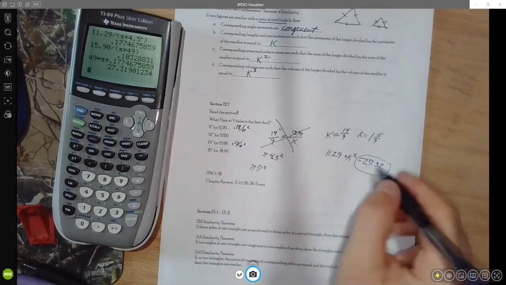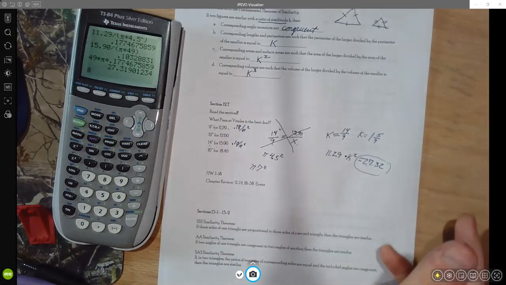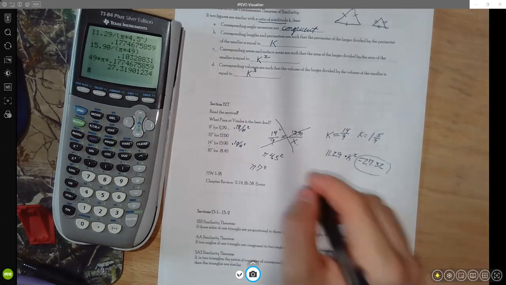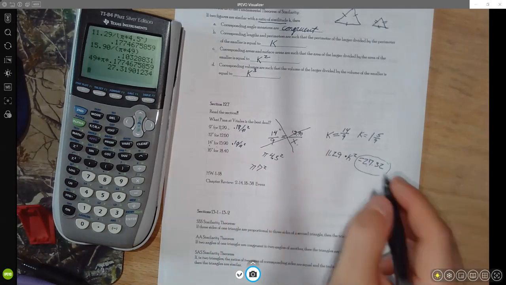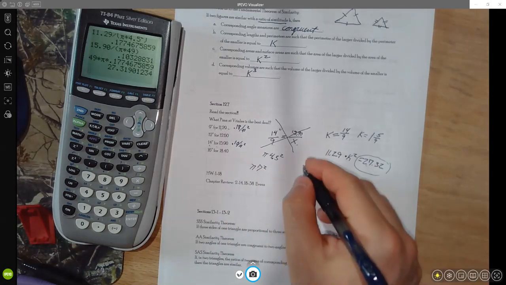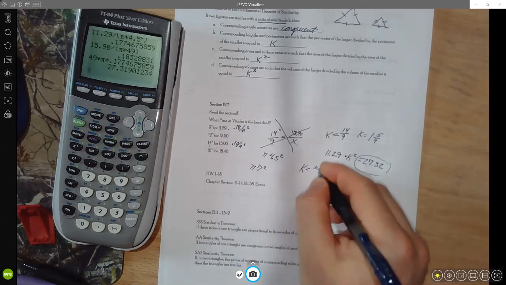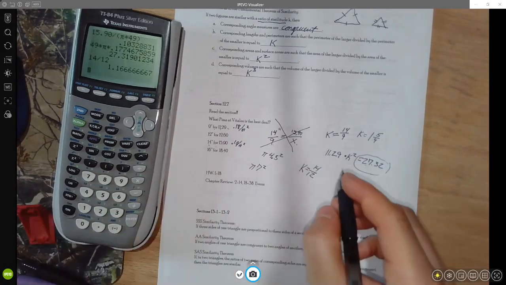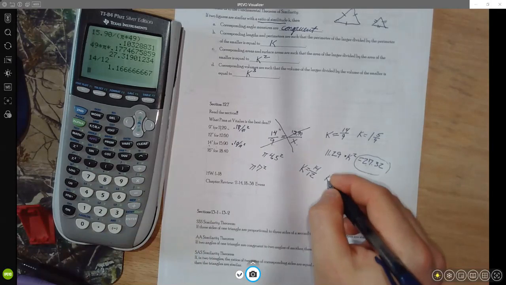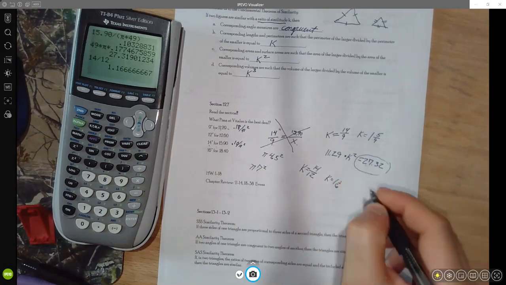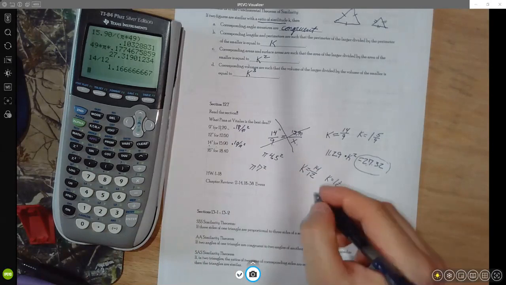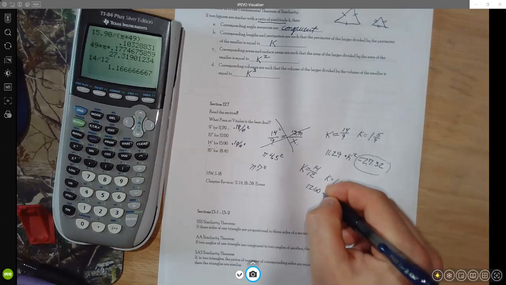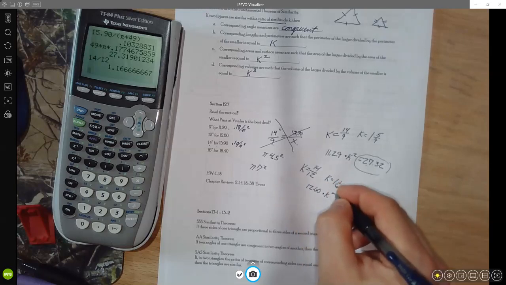So you can use the ratio of similitude in conjunction with or in replacement of cost per square inch if you wanted to. So if we wanted to say what's the better deal, the 12-inch pizza or the 14-inch pizza, we could say, okay, well, K would be 14 over 12. So that's 1 1/6. All right. And so if I took my 12-inch pizza, 12.60, and I multiply it by K squared, what do I get?